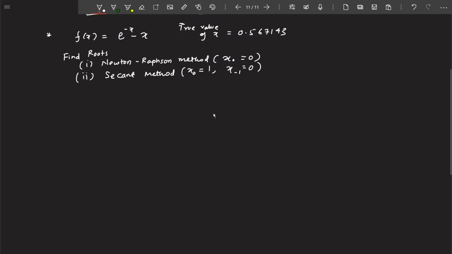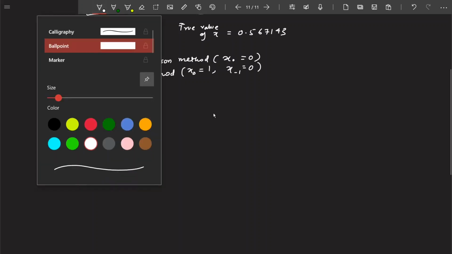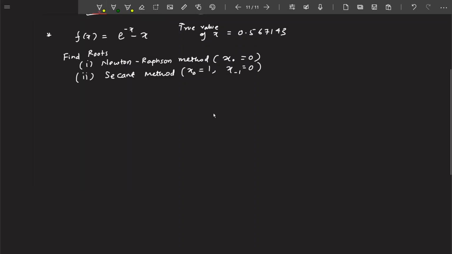So let us solve this by the Newton-Raphson method. First of all, what is the function? f(x) = e^(-x) - x. And what is the formula of Newton-Raphson? It's very simple. Once you see it, you'll remember it. The formula of Newton-Raphson is x_{i+1} = x_i - f(x_i)/f'(x_i).